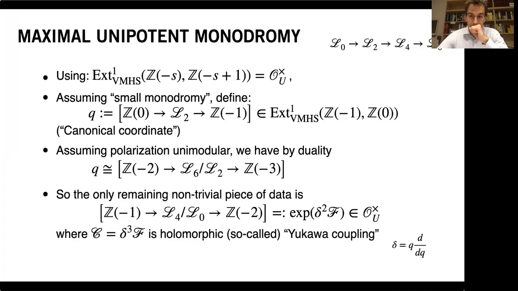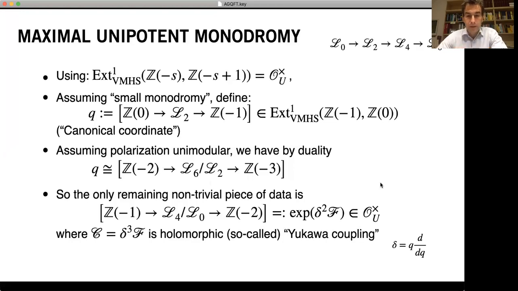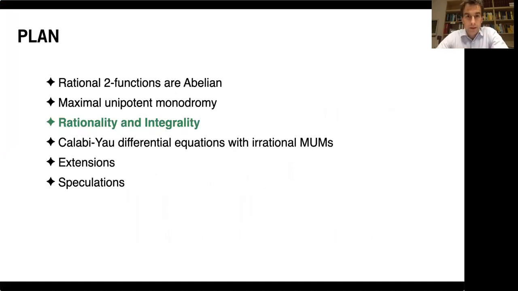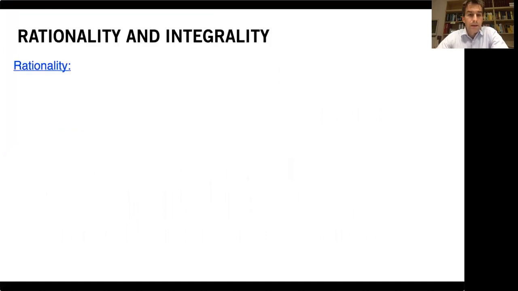Delta is still the derivative with respect to Q. These are just functions on this neighborhood, but now you make an additional assumption, which is usually implicit but not a priori necessary if you start from a complex family of varieties.